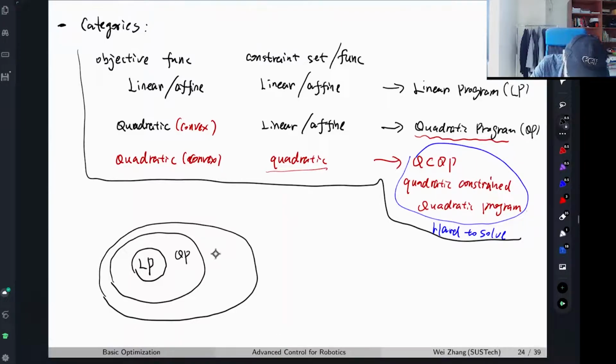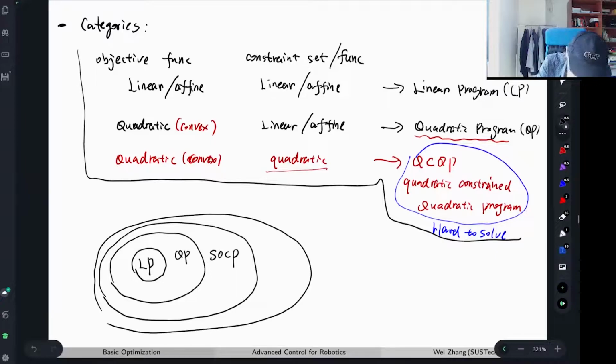There's another important class, which maybe we won't be able to discuss in detail. It's not QCQP, it's a second order cone program. The constraint set is a second order cone. We introduced the cone as a particular set. This is also a convex problem. Let's draw another figure.